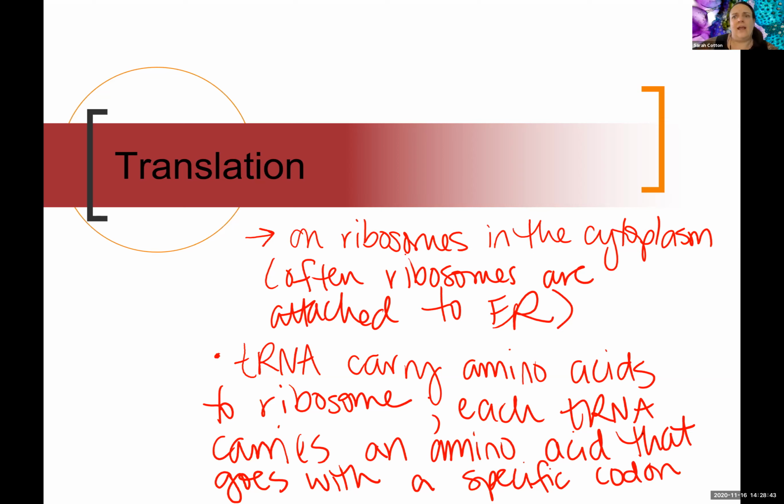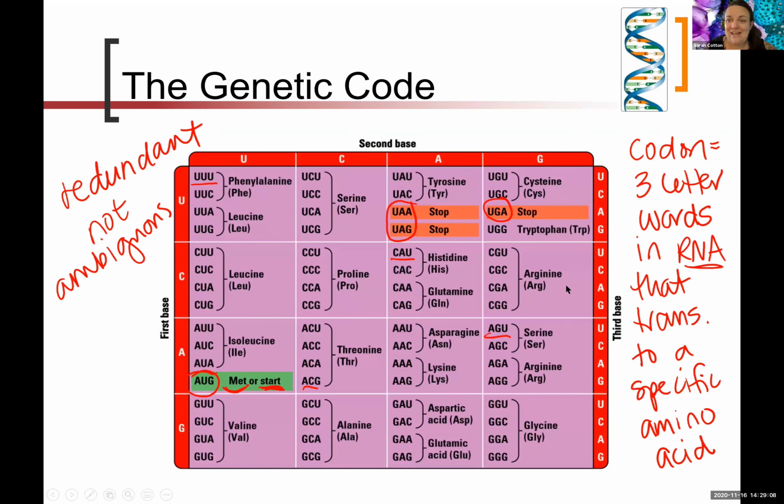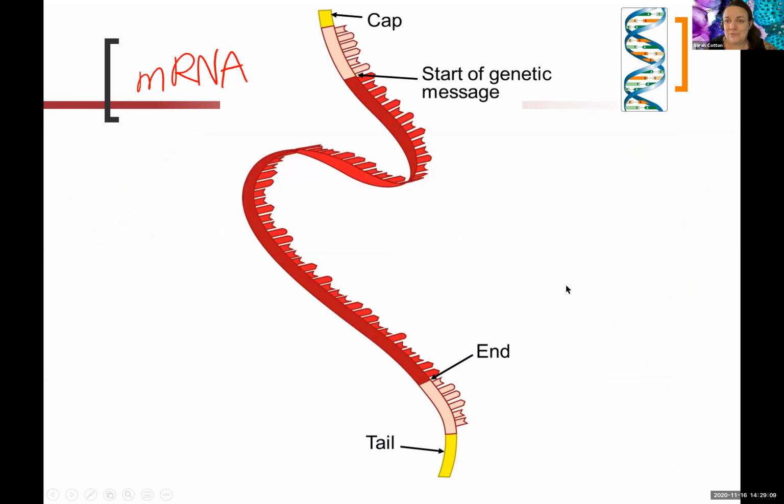So this is just the basic entry level understanding of what's happening. And we're going to talk about all the weird stuff that happens later. So this is it for this unit.